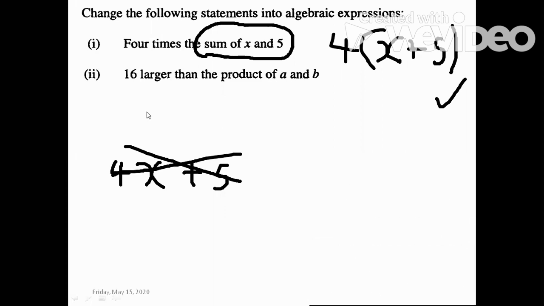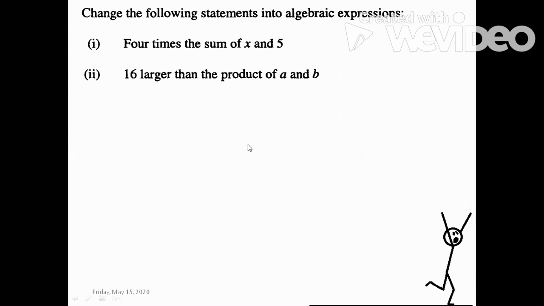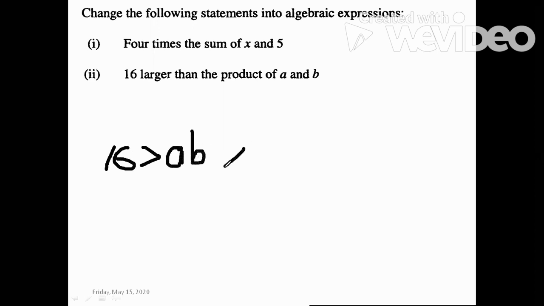Alright, let's look at part 2. It says 16 larger than the product of A and B. If you're thinking about writing this as 16 greater than or equal to A times B, that's wrong.